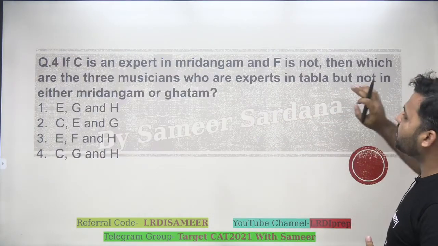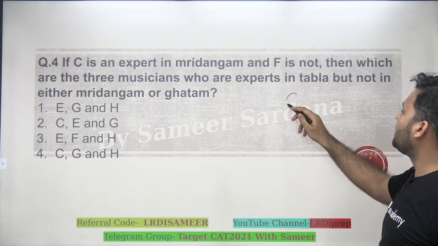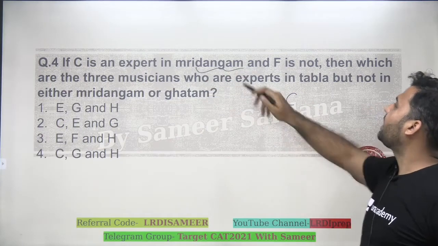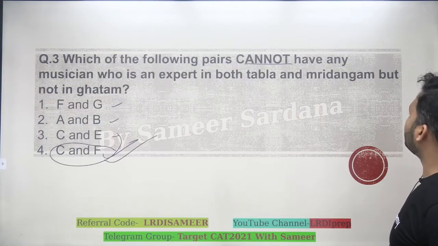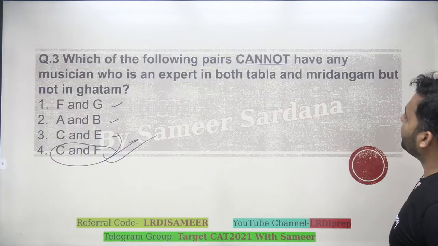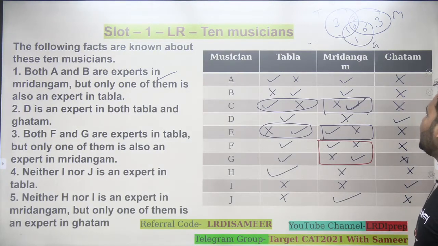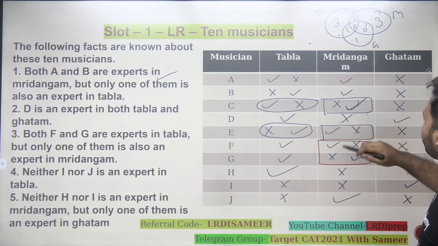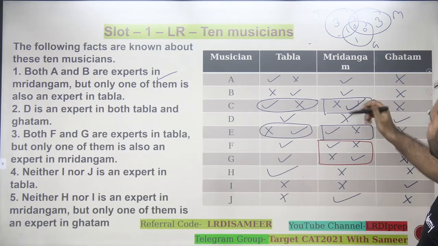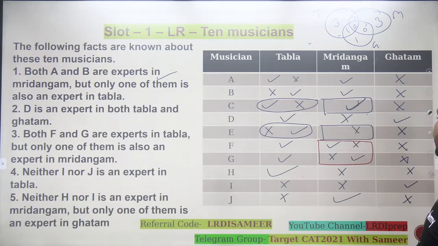Looking at the next question, if C is an expert in mridangam, right? Now question says C is an expert in this instrument, okay, and F is not. Okay, now let's use this information. If C is an expert in mridangam, that means if I am placing a tick mark here, I need to place a cross here, right?